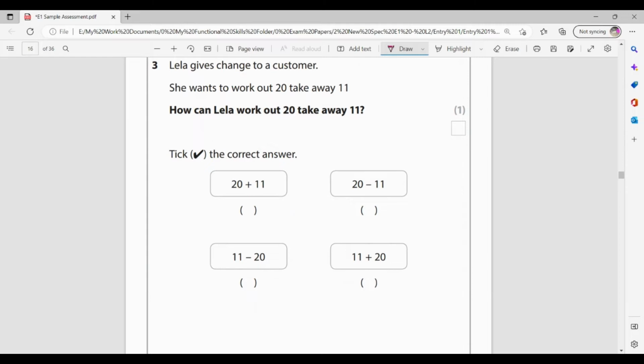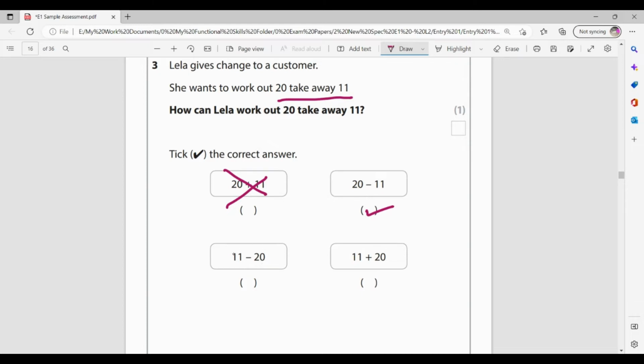Okay, question 3, the last question of my non-calculator. Leela gives change to a customer. She wants to work out 20 take away 11. How can she work it out? So let's look. I've got 20 plus 11, so it's not that one. 20 take away 11. Yes, 20 minus 11, so it's that one.